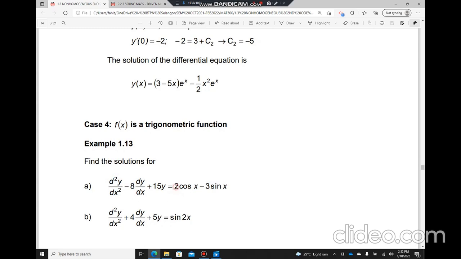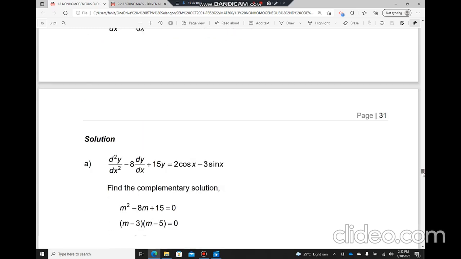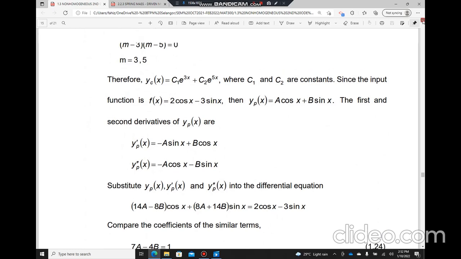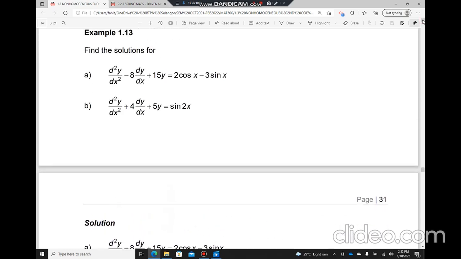Okay, then dia ada function dekat belakang ni. So bila ada function dekat belakang, kita refer balik pada method sama ada undetermined coefficient ataupun variation of parameters. Cuma saya just ingatkan je lah, kebanyakan soalan kita boleh guna undetermined coefficient je. Kecuali macam kat sini kalau trigo, kalau cos, sin semua, yang ni boleh guna undetermined coefficient.